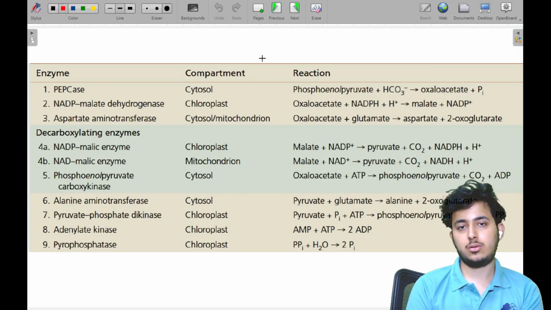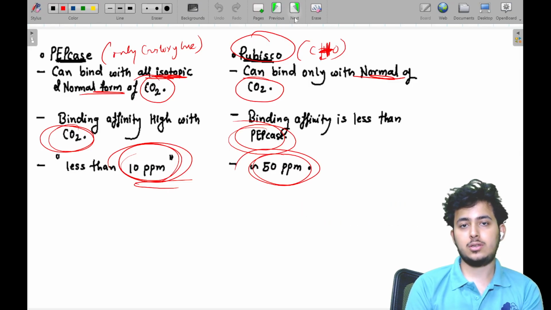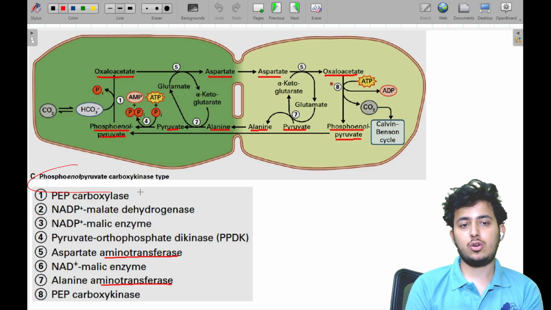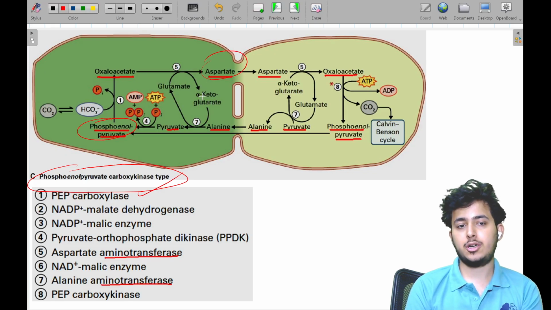Another type, if I tell you, is the phosphoenol pyruvate carboxykinase type, in which again from PEP to oxaloacetate you have PEP carboxylase, then oxaloacetate to aspartate, again you have aspartate aminotransferase, then aspartate to oxaloacetate, and then to phosphoenol pyruvate.